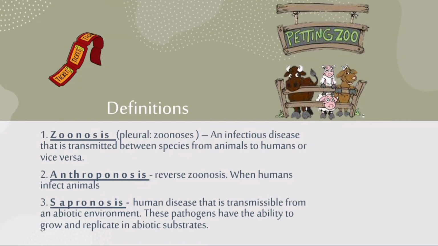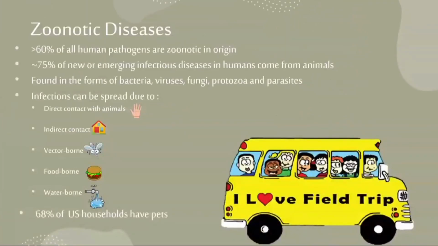And then the sapronoses, when they can grow in these abiotic environments. Examples of those: histoplasmosis can grow in the soil, primary amoebic protozoans can, and Legionella is an example of bacteria that can grow.